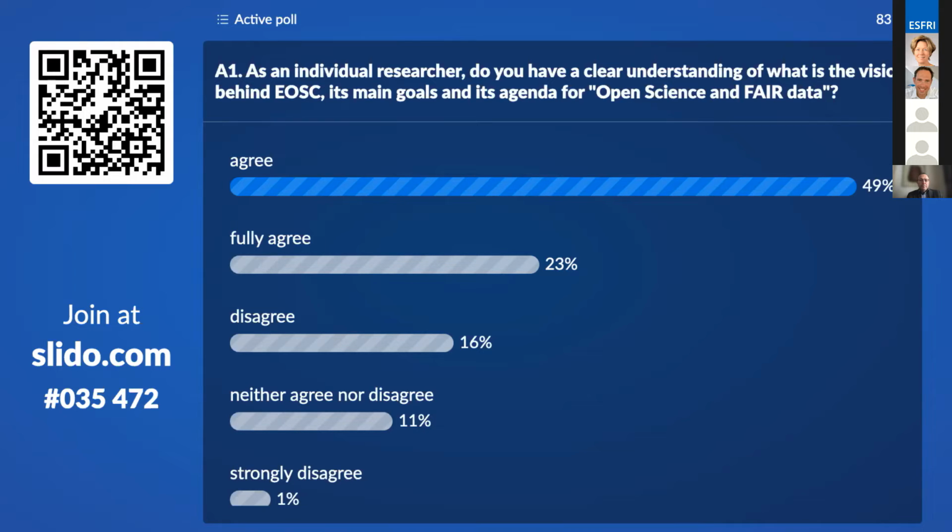Now we have 72% that fully agree, which is about three quarters of the participants, who think it's quite clear what the vision behind the EOSC is. So that is, for me at least, encouraging. I don't know for you, dear panel, does anyone want to comment on this response?